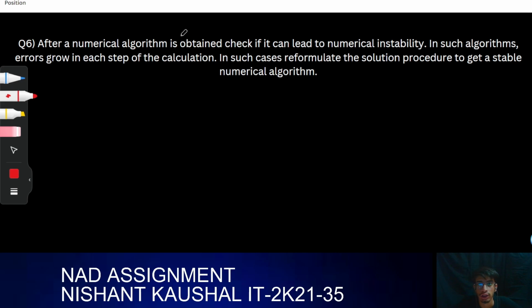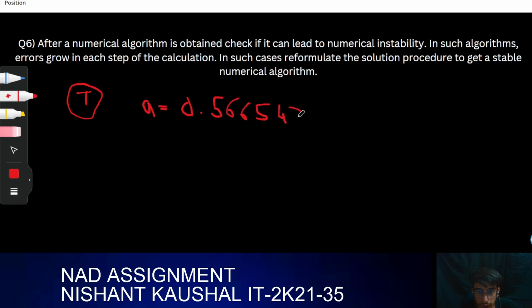After a numerical algorithm is obtained, check if it can lead to numerical instability. In such algorithms, error grows in each step of the calculation. In such cases, reformulate the solution procedure to get a stable numerical algorithm. This should be true because, let us take an example. A equals 0.566542, right?